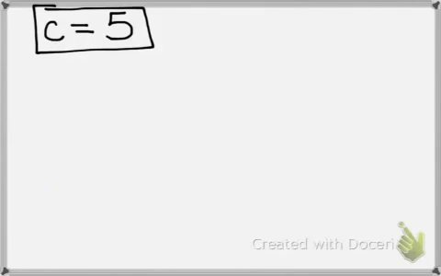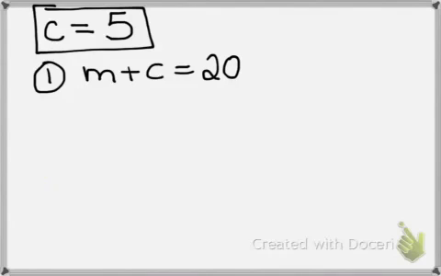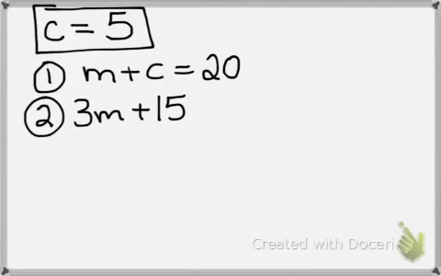So we know what our cream liter amount is. Now we have to find our milk liter amount. So our two original equations, m plus c equals 20 liters, and then our second equation was 3m plus 15c equals 120.